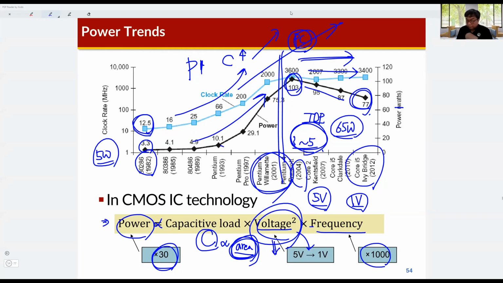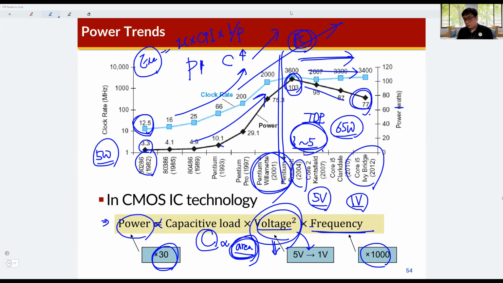But if we increase this clock frequency, then we can also increase the performance of a processor, because execution time is IC multiplied by CPI multiplied by clock period. And the clock period is 1 over f, the clock frequency. So if we increase the clock frequency, then execution time is proportionally reduced. That means we can increase the performance.